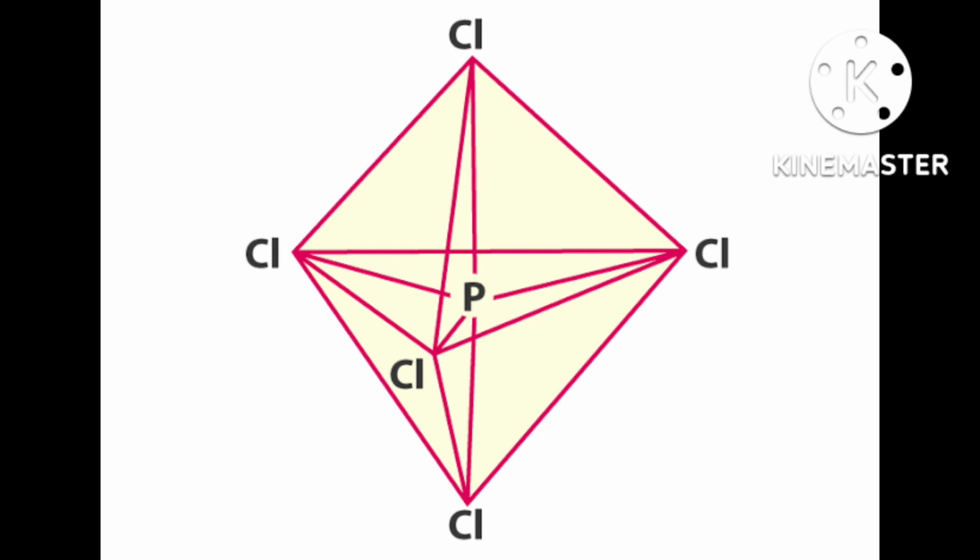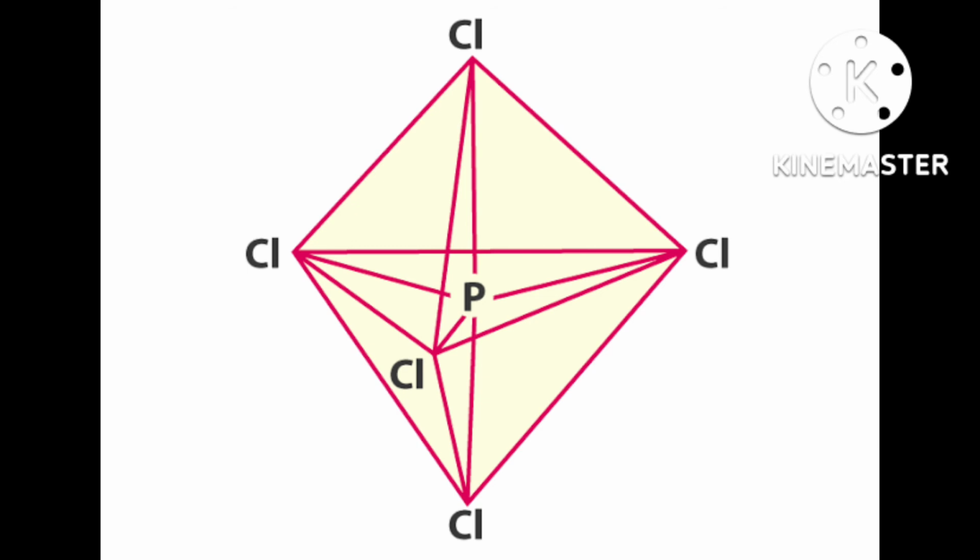Here chromium has a +3 oxidation state. For d2sp3, another example is cobalt hexaammine, Co(NH3)6 3 plus, where the oxidation state of cobalt is 3 plus.